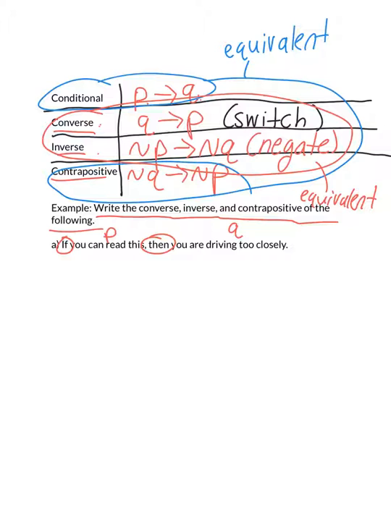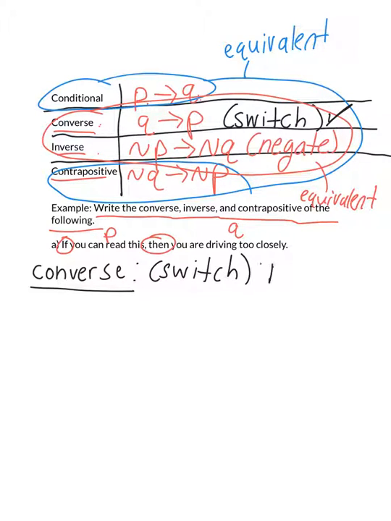Starting with converse, we said in the above table that converse just means to switch the sentence around. So when I do that, into the if portion of the sentence is going to be you are driving too closely.